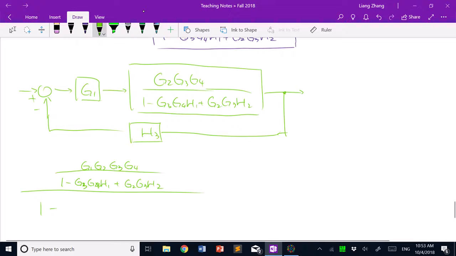Shorter, actually. 1 minus G2, G3, sorry, G3, G4, H1.